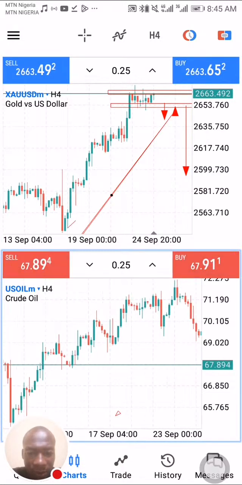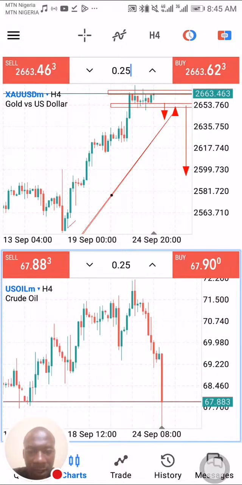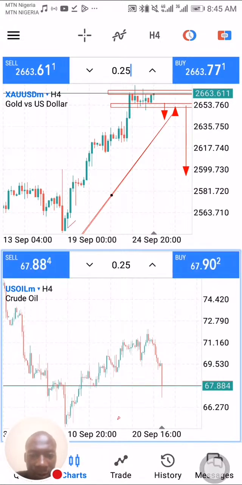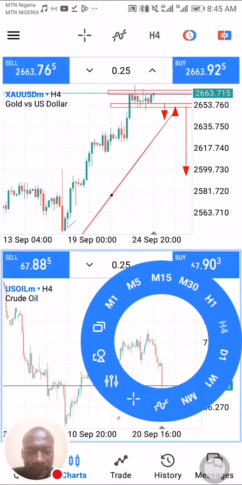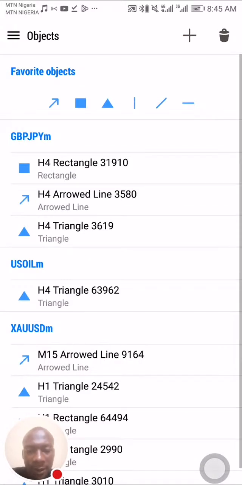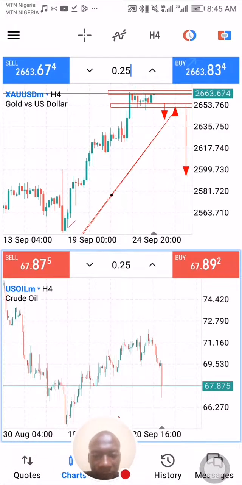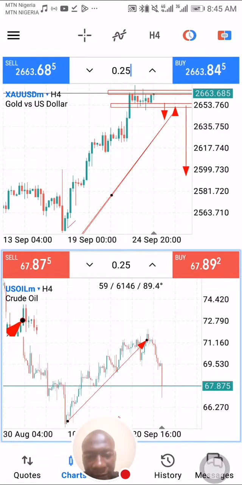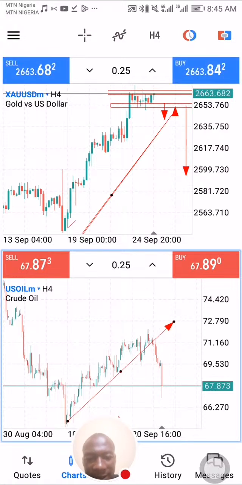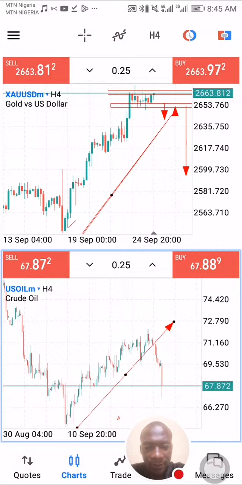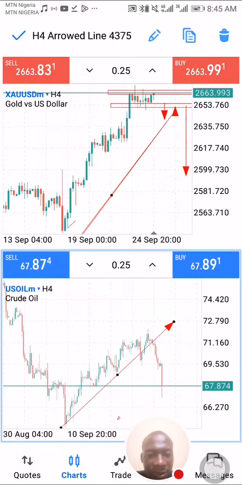So we are currently on US oil, and as you can see, let me draw out our trend line. Let's start from the trend line. As you can see, price was moving up, respecting that level, making a clean trend up, and suddenly that trend was broken.